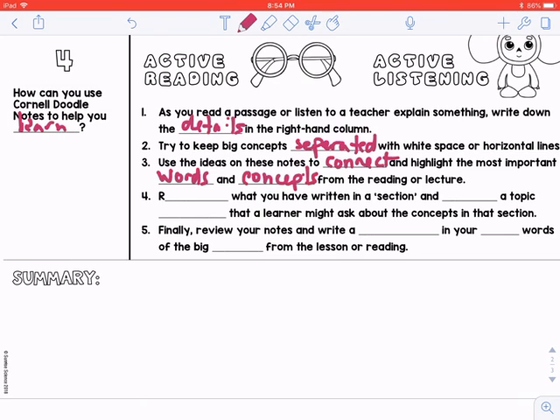Review what you've learned and what you've written in this section, and write a topic question that a learner might ask about the concepts in that section. Finally, review your notes and write a summary in your own words of what the big ideas from the lesson or the reading are.